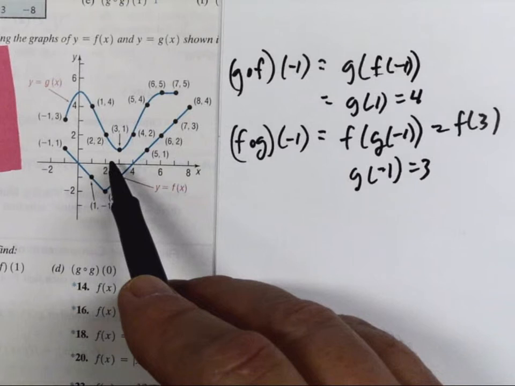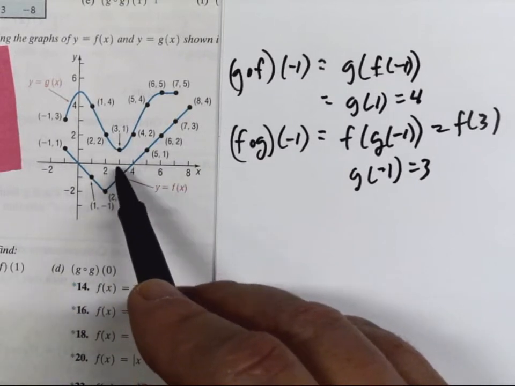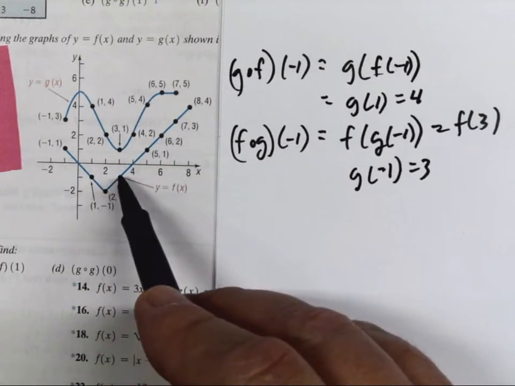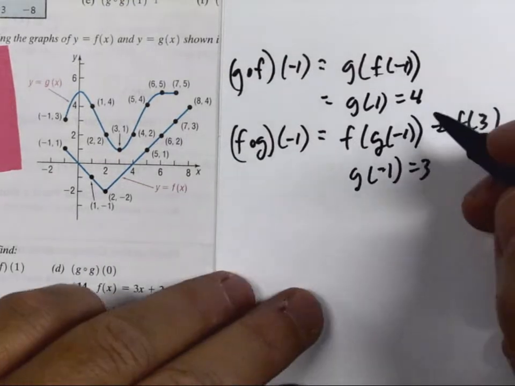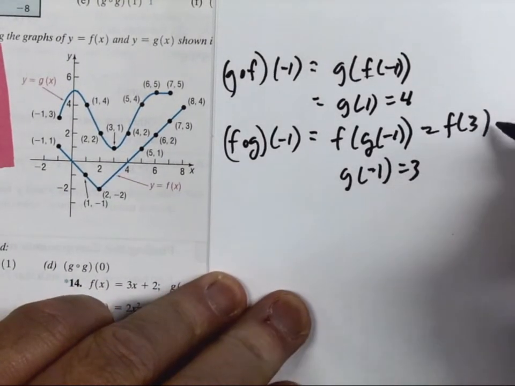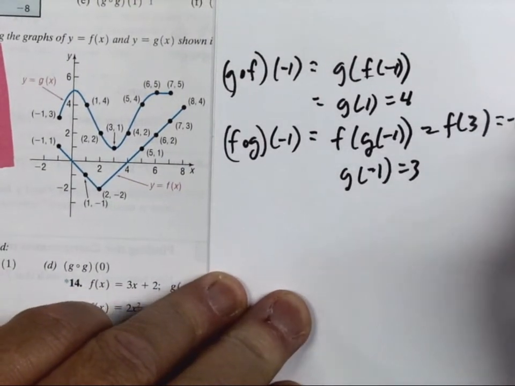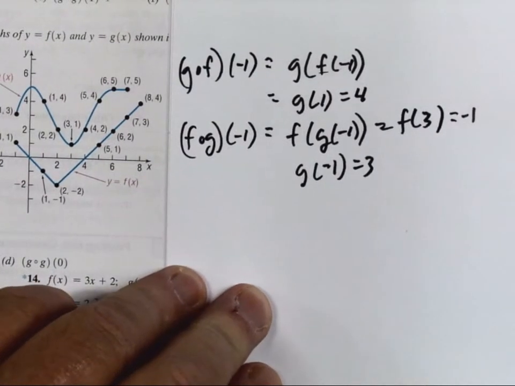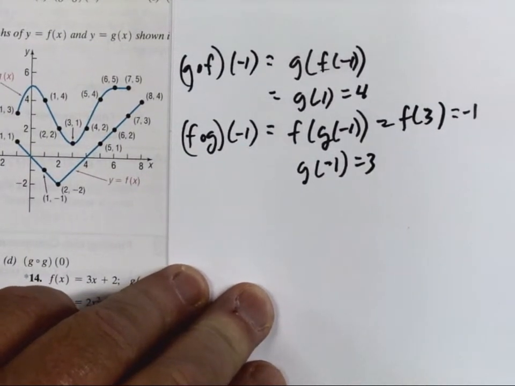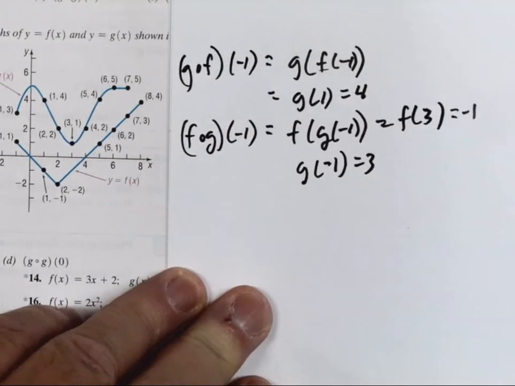So f of 3 looks to me like it's not marked. Let's look at the answers. Looks to me like it's around -1. I thought they would have put one of their dots there with the point, but I guess maybe not.